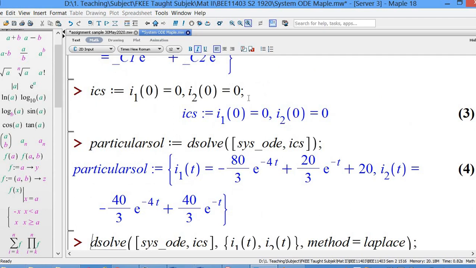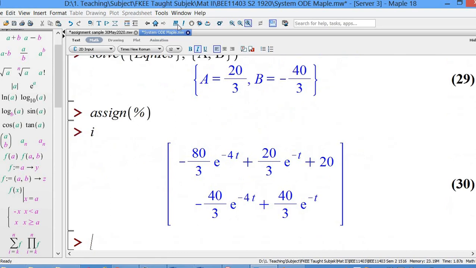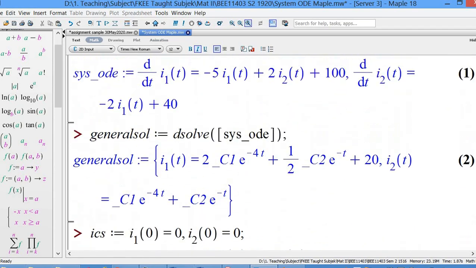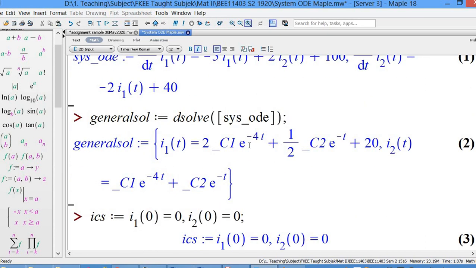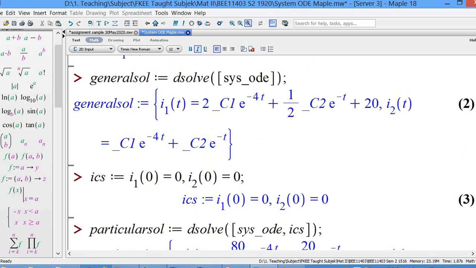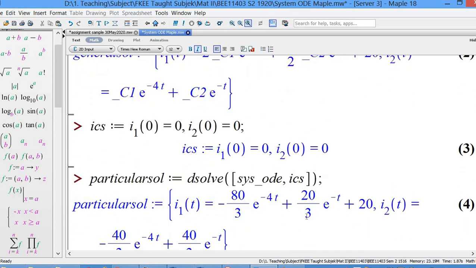I may not execute this one, so you get the errors. Or you can just execute the entire worksheet. So for the general solution, you have C1, C2. After you plug in the two initial conditions, the C1, C2 can be obtained. Then we get the particular solution.